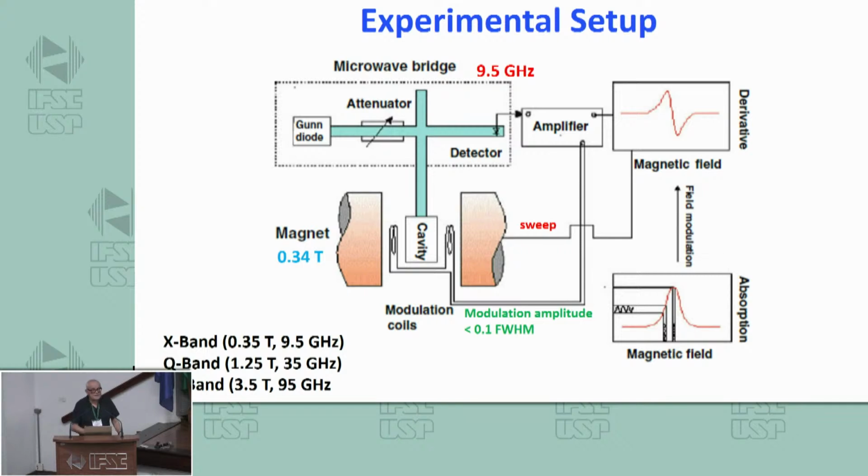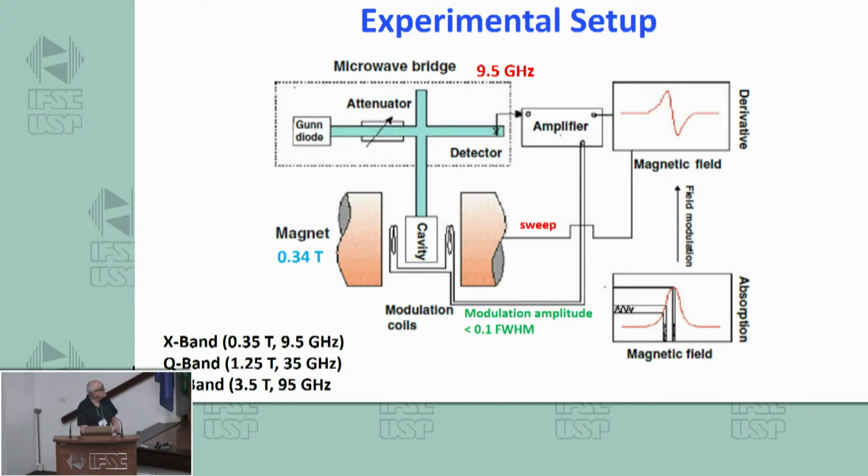This cavity has specially engineered dimensions to create a standing wave of the microwaves and maximize the magnetic field component of the microwaves at the locus of the sample. So the sample sits in this cavity at a position where you have the maximum B1, the maximum magnetic field component amplitude of the oscillating microwave.